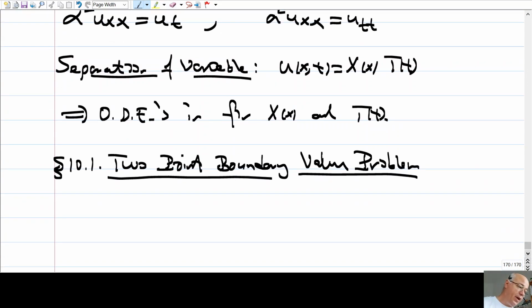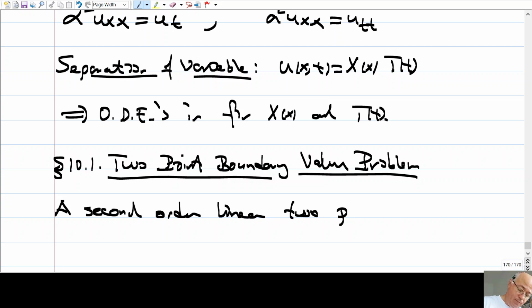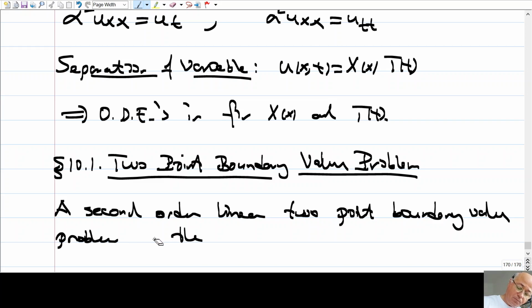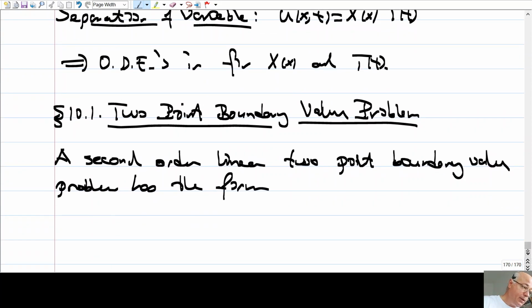It's an ordinary differential equation. A second order linear two-point boundary value problem is of the form. It will be something like this.